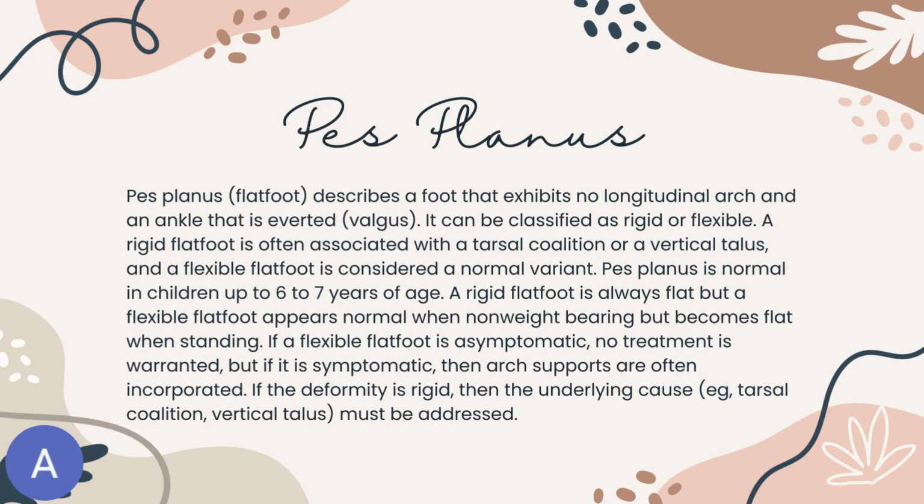If a flexible flat foot is asymptomatic, no treatment is warranted. But if it is symptomatic, then arch supports are often incorporated. If the deformity is rigid, then the underlying causes, for example tarsal coalitions and vertical talus, must be addressed. In another slide, I'm going to talk about tarsal coalition and vertical talus.